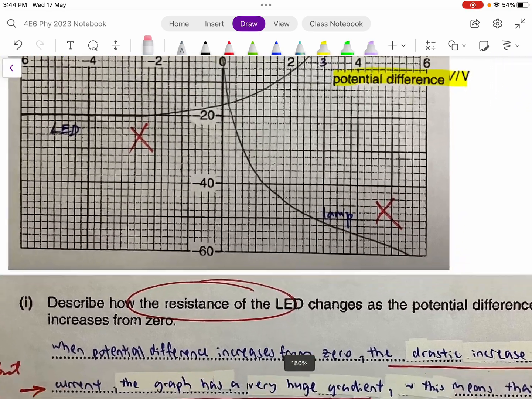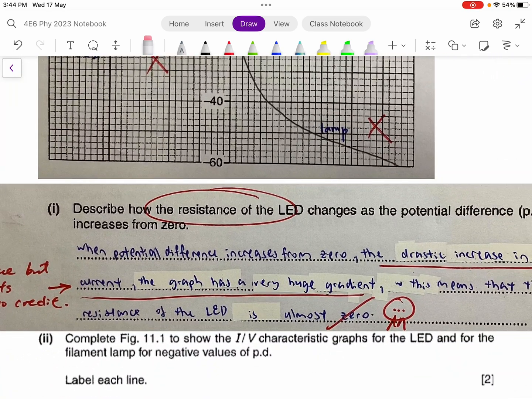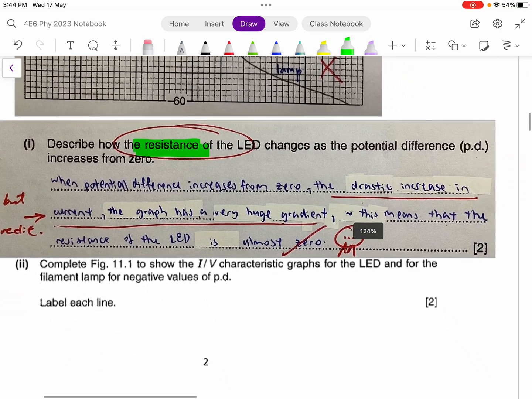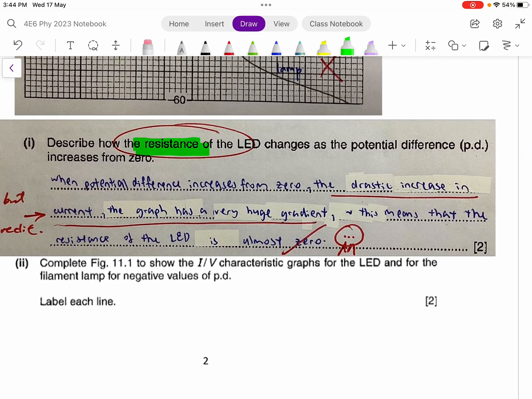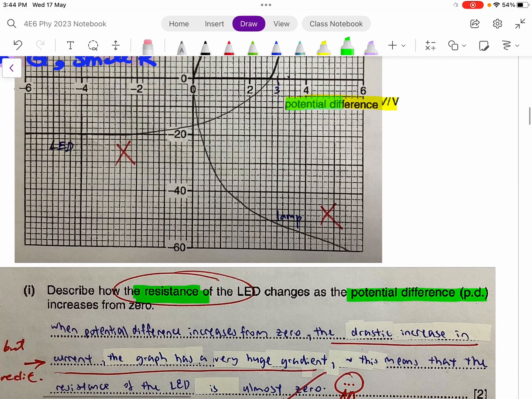Then secondly, when the question asks you to describe a certain trend, you need to be very mindful what is the subject that they are interested in. So for example, this particular question is looking out for the change in resistance relative to the potential difference, which is actually the x-axis.